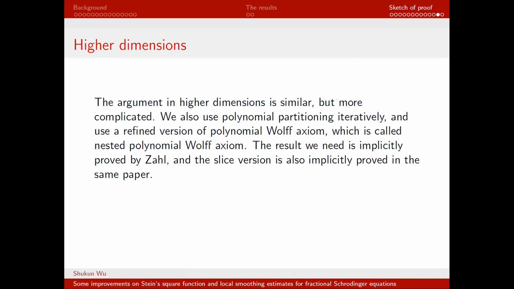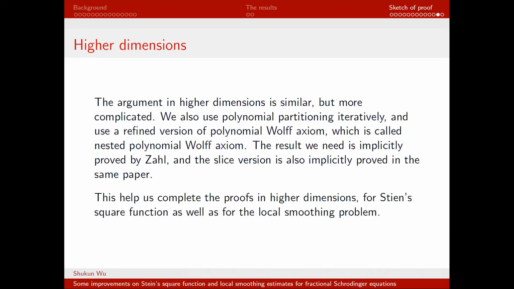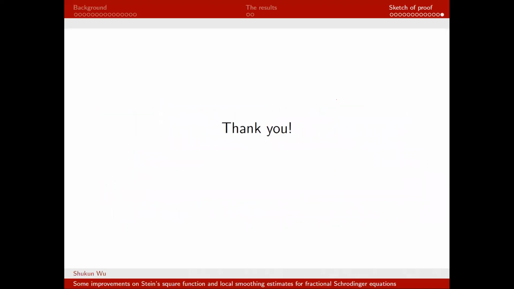The result we need for nested polynomial Wolff is also implicitly proved by Zhao, as is the sliced version. This basically completes the proof in higher dimensions for both the Stein square function and the local smoothing problem. Okay, thank you.